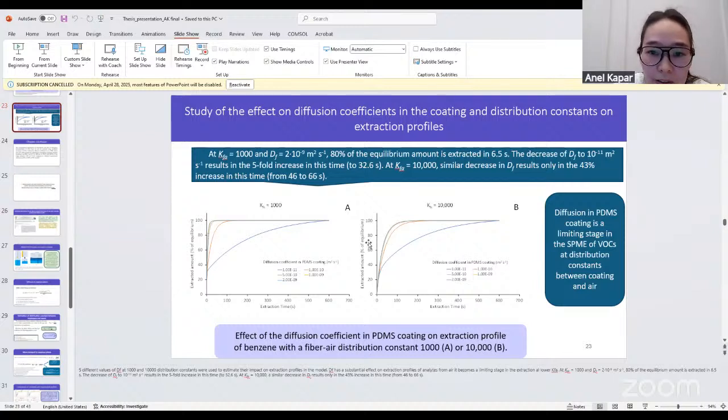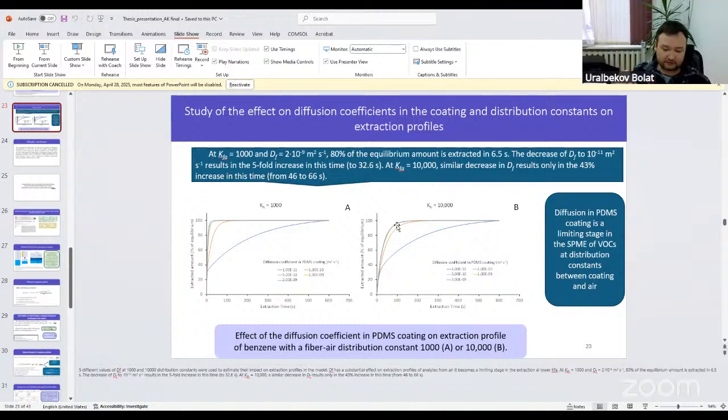Here 5-fold increase. Here less than 5-fold increase and only 43%. Now, based on your statement, you have to say what was the equilibration time for 1,000 and what was the equilibration time for 10,000.